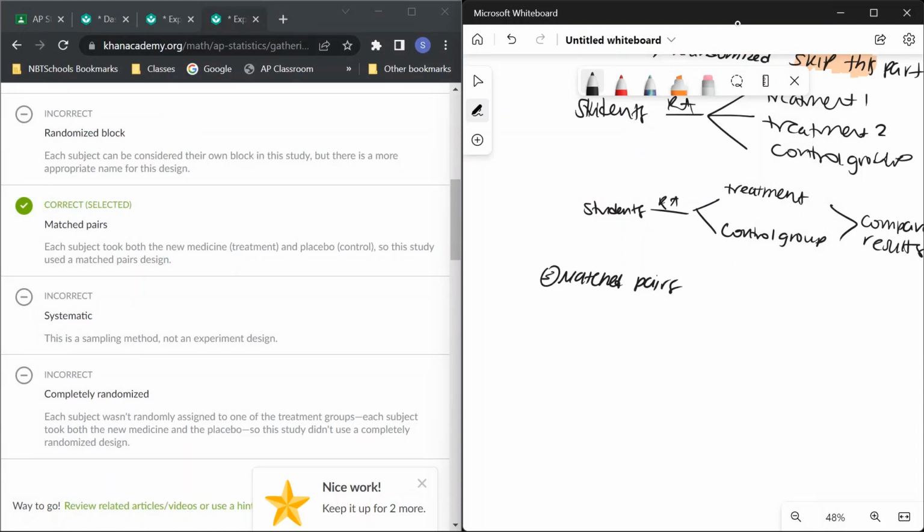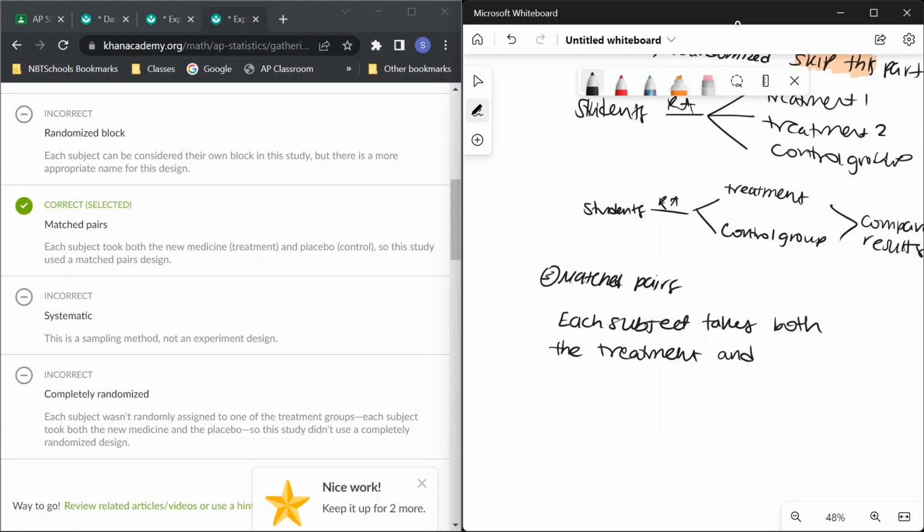Okay, so matched pairs is when each subject takes both the treatment and the control group.